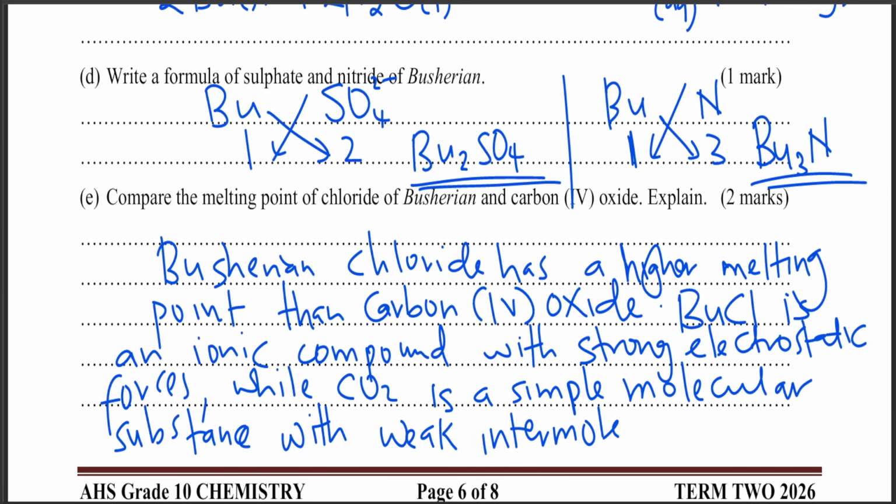So that is why the melting point of the chloride of Busherian is high. So just leave it this way and you get 2 marks.